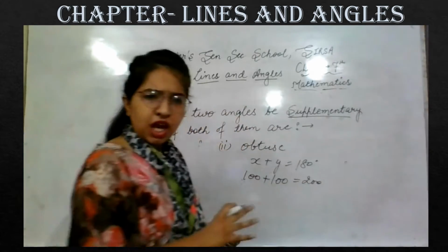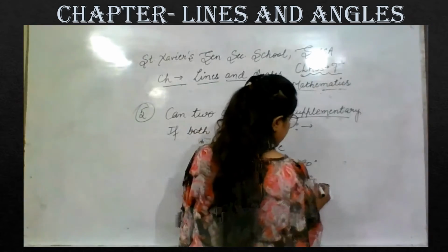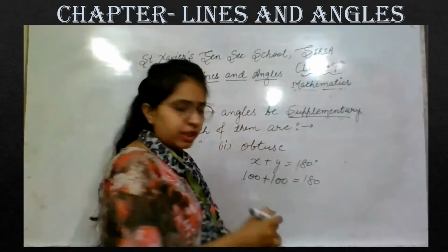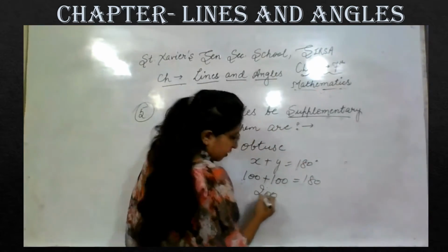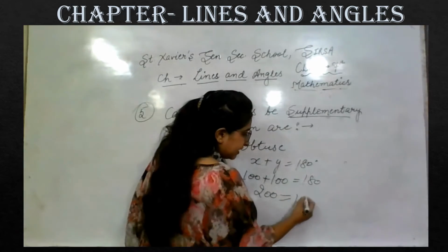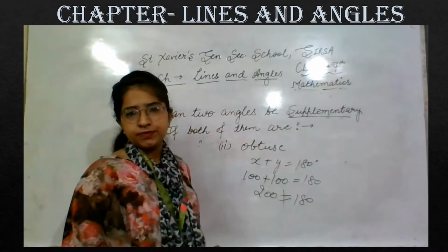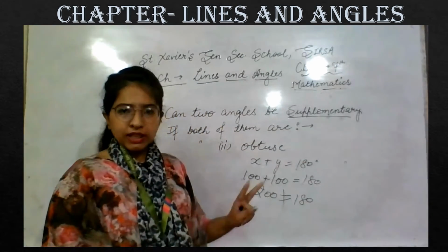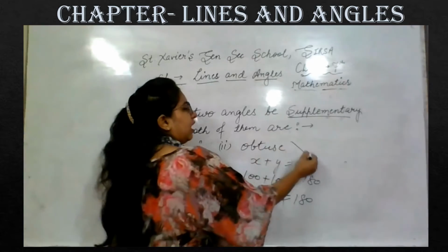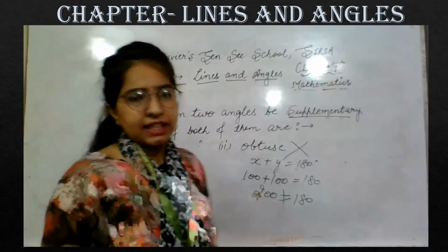Now you just check out, 100 plus 100 is 200, right? But the sum must be 180 degree. Is this equal? No, these are not equal. So both angles cannot be obtuse also.